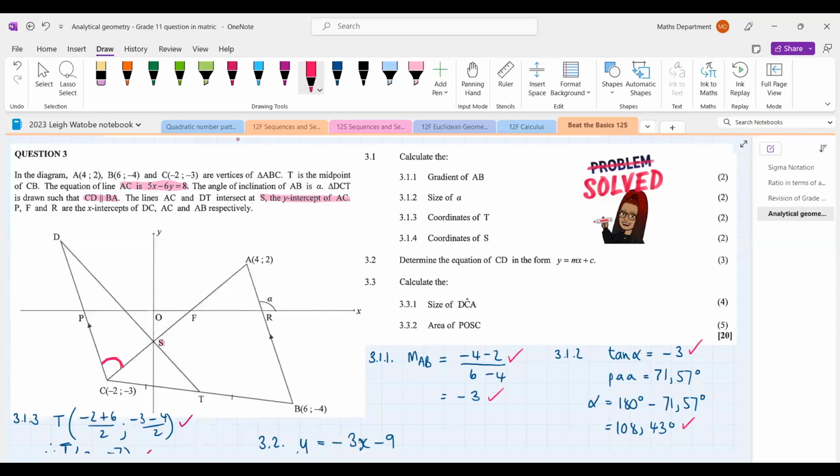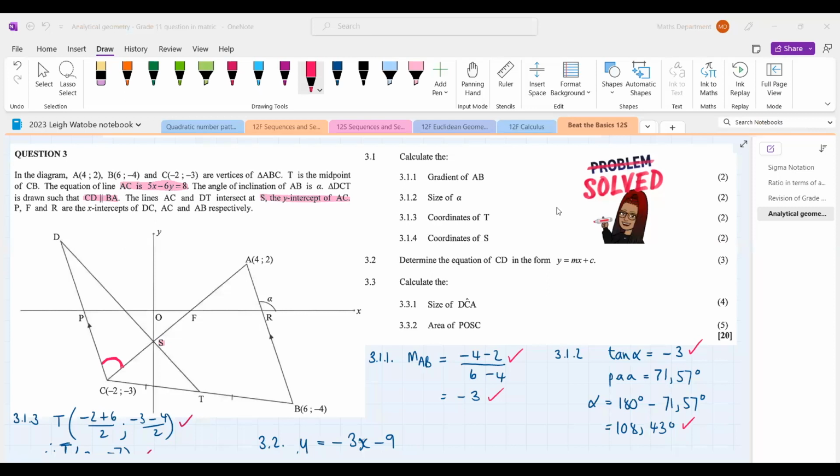How do you think you're going to calculate the size of DCA? What are your ideas? Can you see any other angle that it would be equal to that we could calculate the size of? Nolatando, go for it.